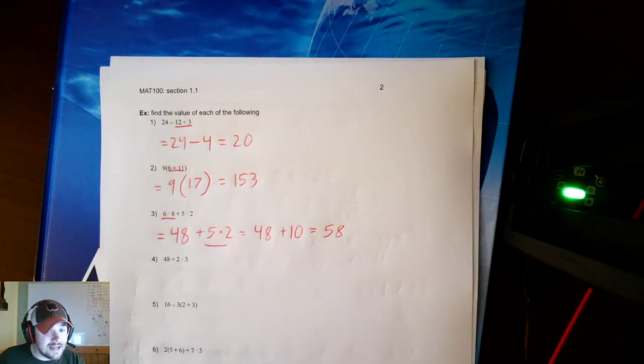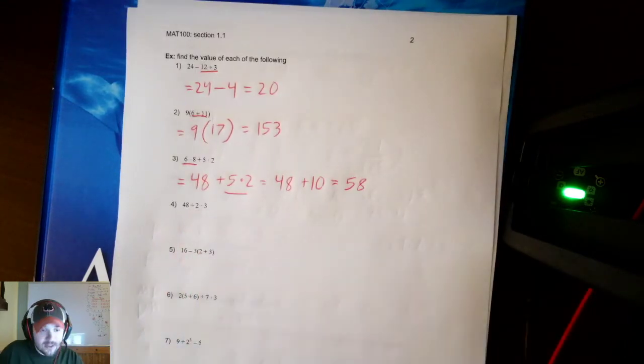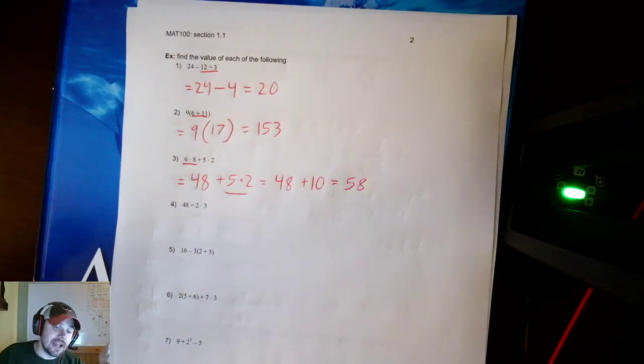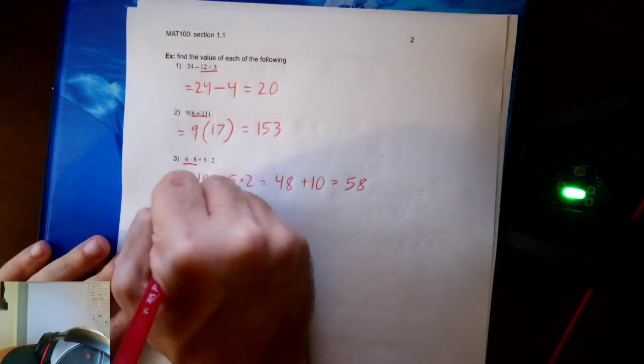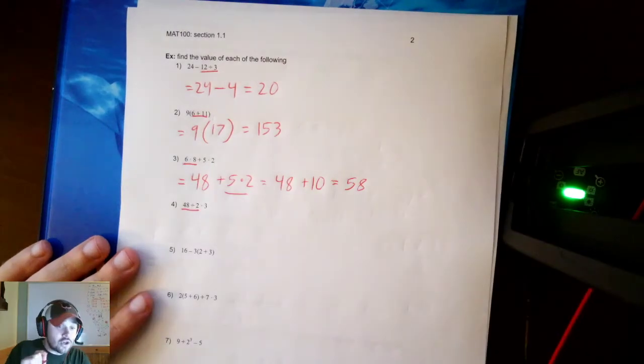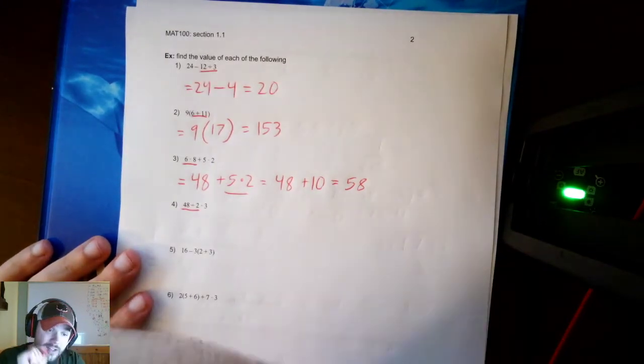Then I move into my next example. 48 divided by 2 times 3. There's no grouping symbols and there's no exponents, so I immediately move on to dividing and multiplying. Which do I do first? Well, I go left to right. I am going to divide first. I don't multiply first. I go left to right.